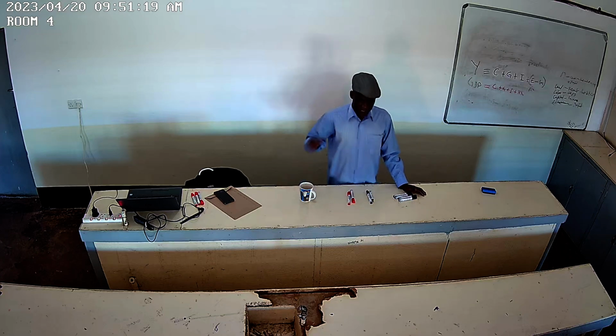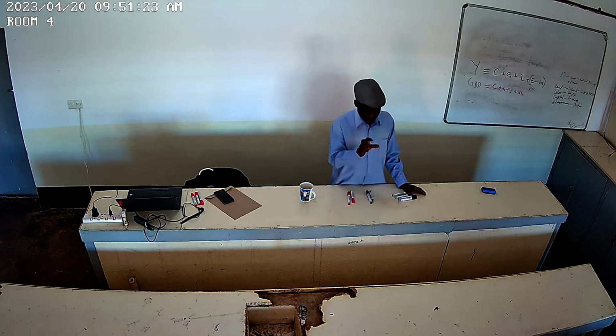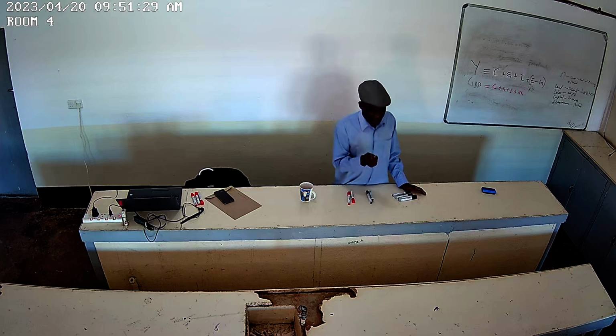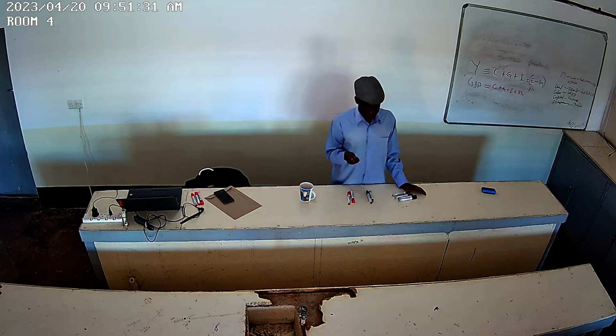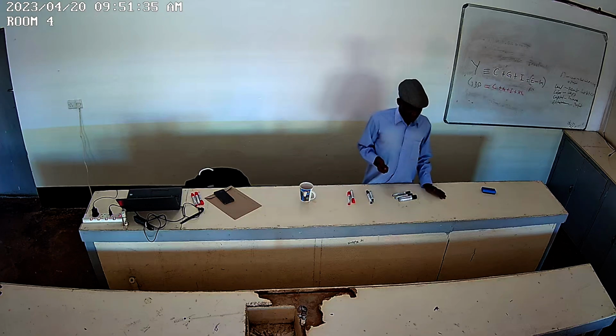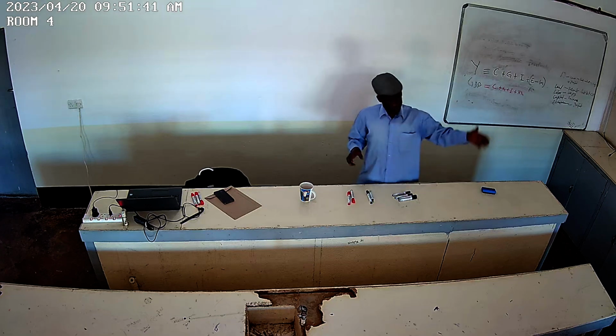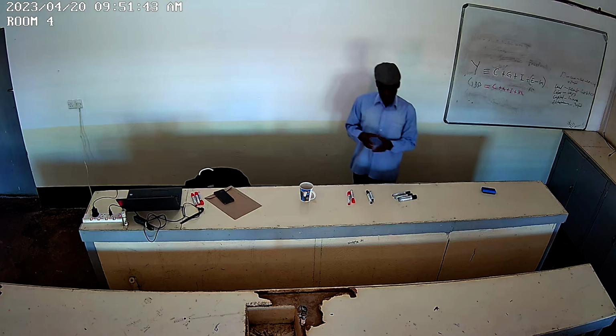Those people don't even get paid through the bank. When you buy something, you rarely get a receipt. They rarely pay taxes. So it's a huge sector, this informal sector. Go and check. It's huge.